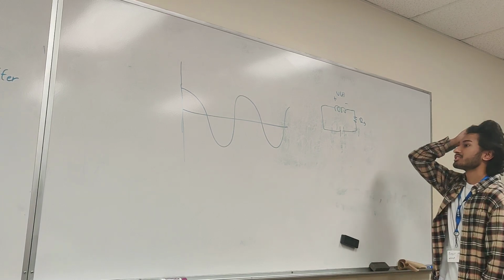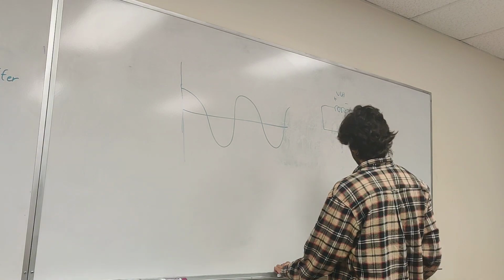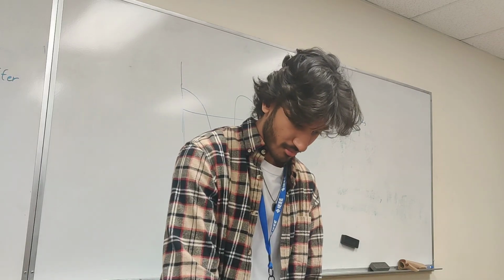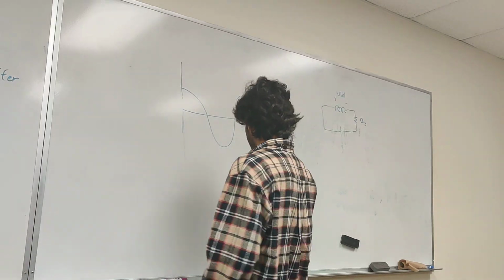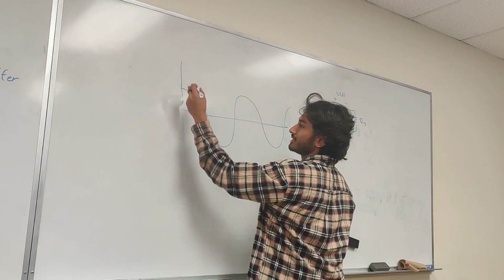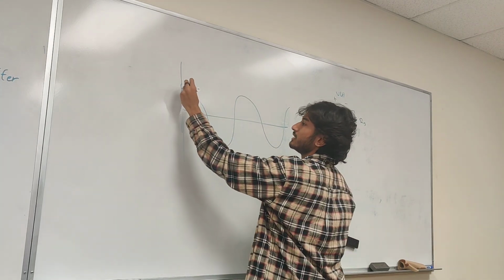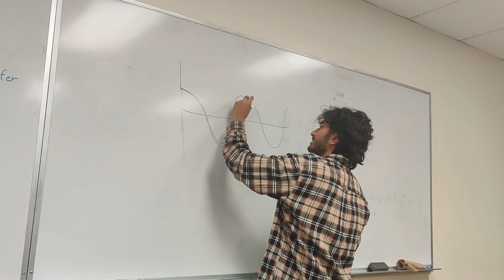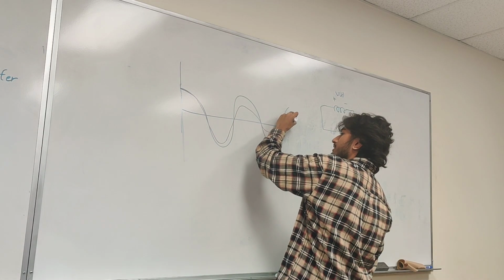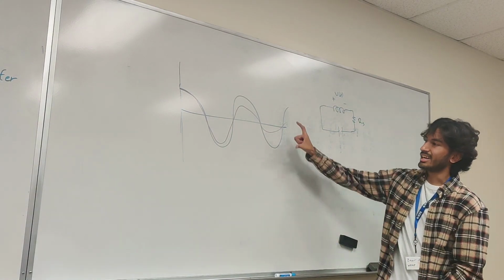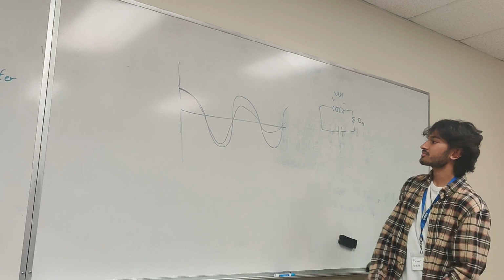I'm going to try and draw this out cleanly. We're going to have damping, like you said, keyword damping, and it's going to look something like this. It's kind of exaggerated, but eventually we start losing energy and our amplitude decreases, okay?